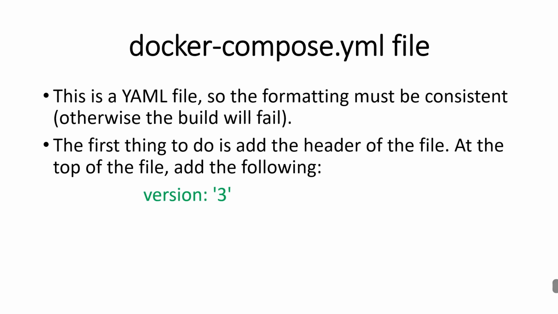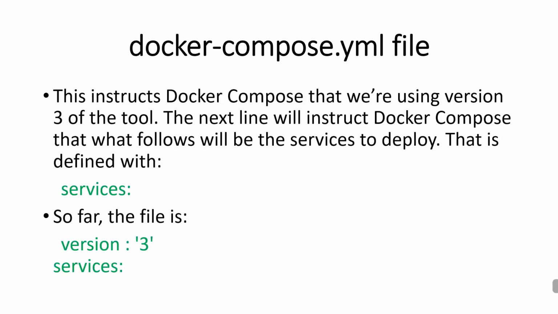So in the older version some features are not there, but the advanced features are in the latest version. I have told you one example, and we will see this example too. Next, we instruct Docker Compose that we are using version 3 of the tool.